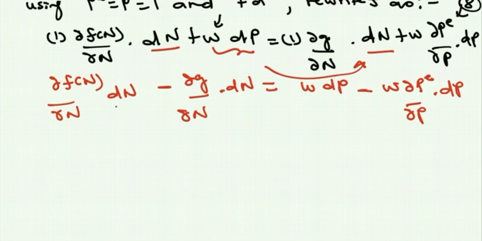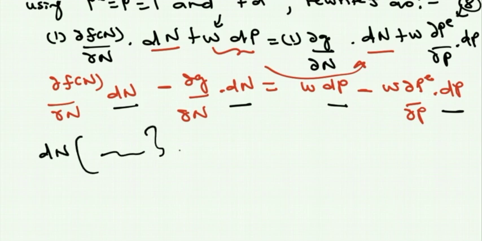Now, on the left hand side, common factor is this. On the right hand side, common factor is this. So we can factorize it. dn with something here equal to whatever times dp. So what I'm trying to say here is that you should factorize based on common factor on the left hand side, which is dn. On the right hand side, common factor is dp.